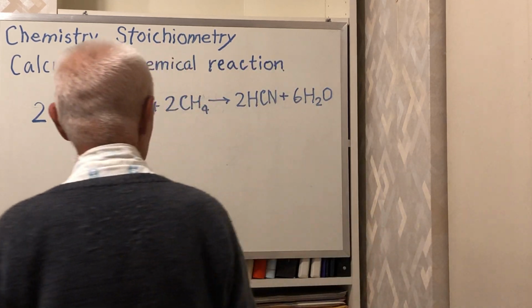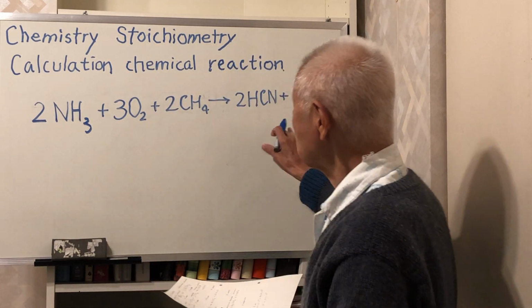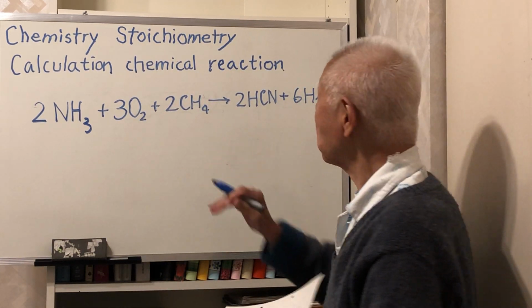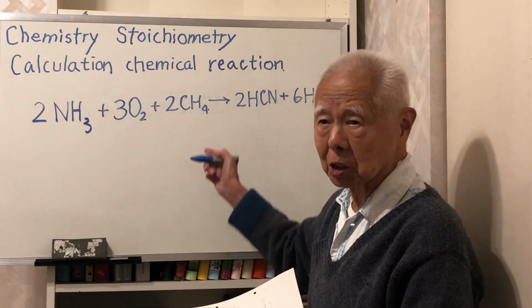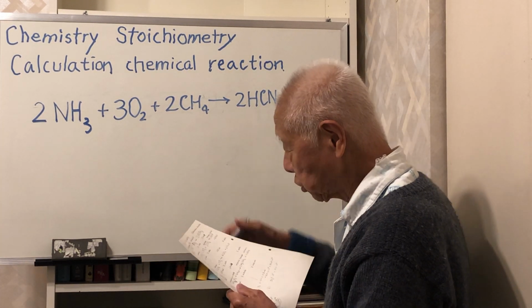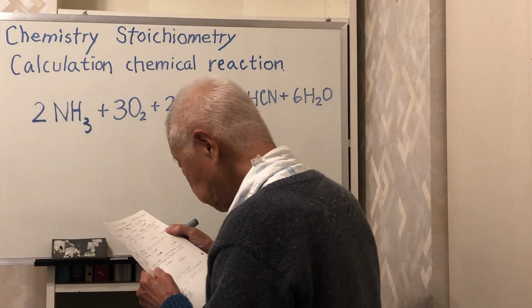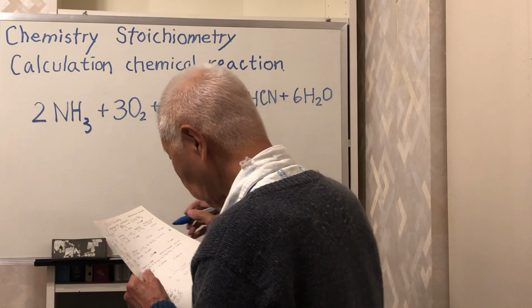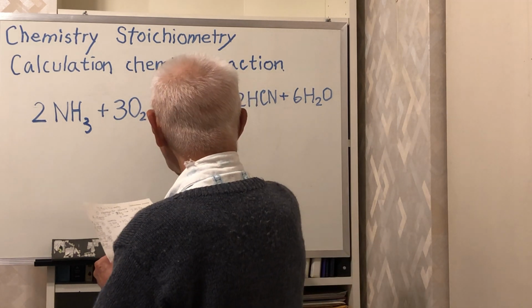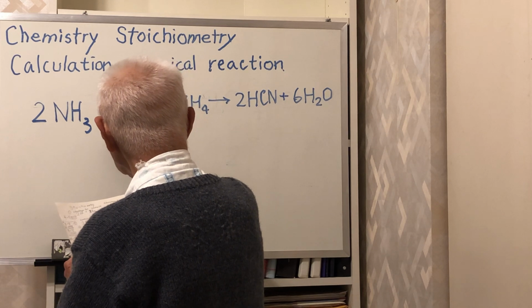Okay. All right, the question is, this is the chemical reaction. We must balance it before we can do the calculation. It's a balanced chemical reaction. So the question is, how many moles do I need for the oxygen?